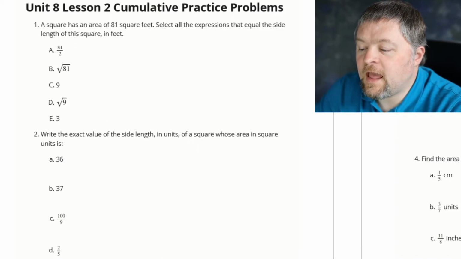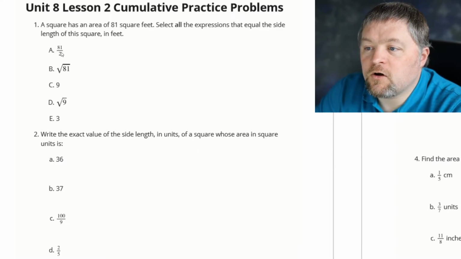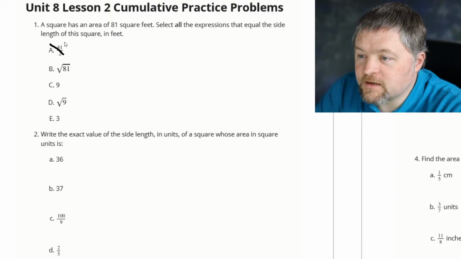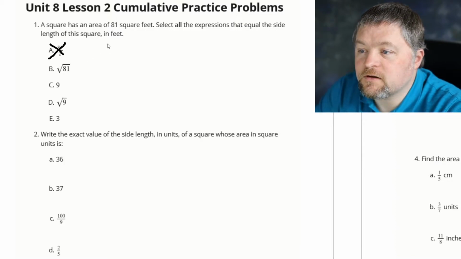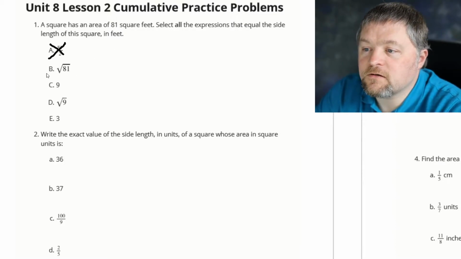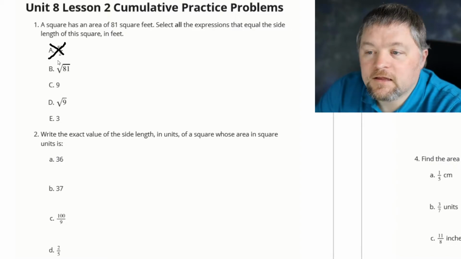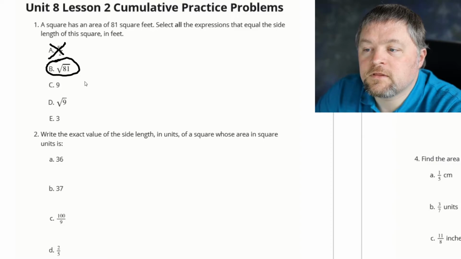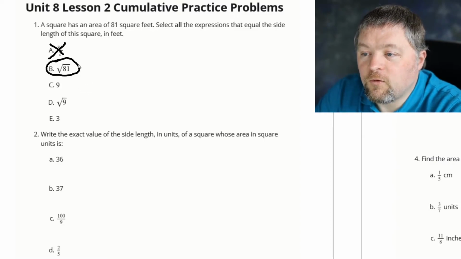Well, A is 81 over 2, 81 divided by 2. That is definitely not it. Half of 81 times half of 81 is not 81. B is the square root of 81. That works. Well, what number is the square root of 81?